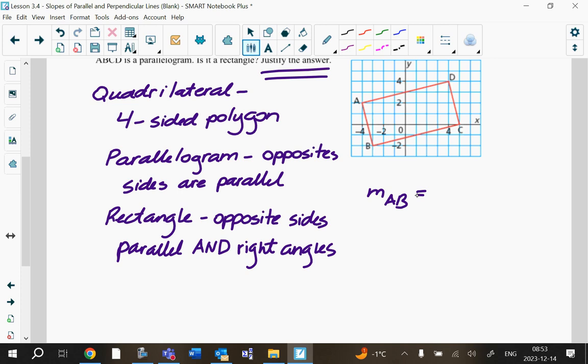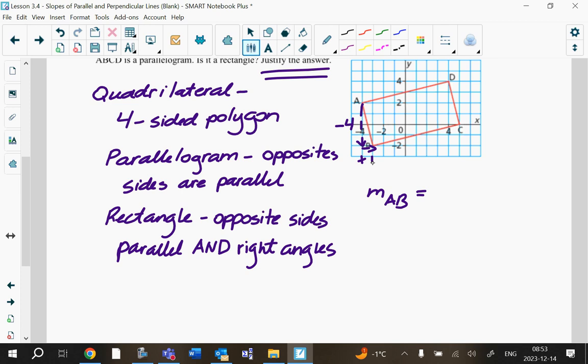So to get from A to B, how much do I rise, quote unquote? Remember, rise means up or down. Down 4, which means -4. How much do I run? Just 1, plus 1.